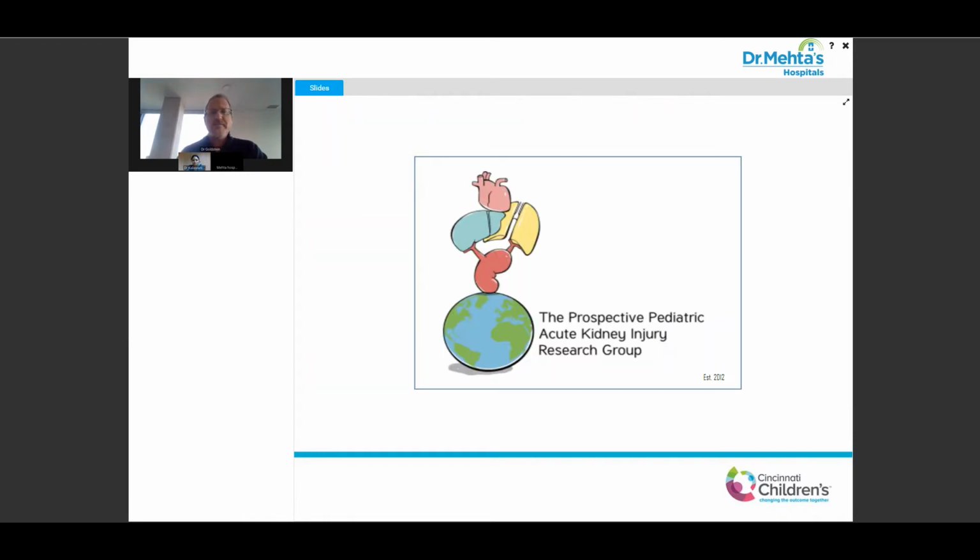The Prospective Pediatric Acute Kidney Injury Group, or PPAKI, was established in 2012 to undertake many observational and interventional studies of acute kidney injury across the globe.